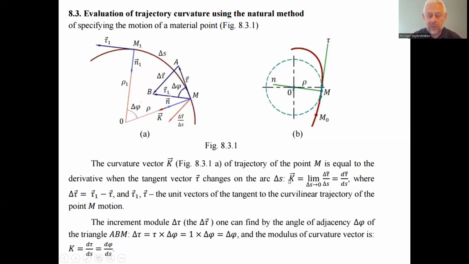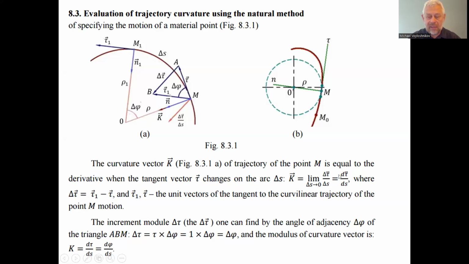So we substitute this into the equation for the definite magnitude. What is the limiting magnitude of the increments of the change of the vector tau for the small way along the trajectory, delta S, a very small arch, when we tend this arch size to 0? Then we have this definite magnitude. We say it is the vector of the curvature.